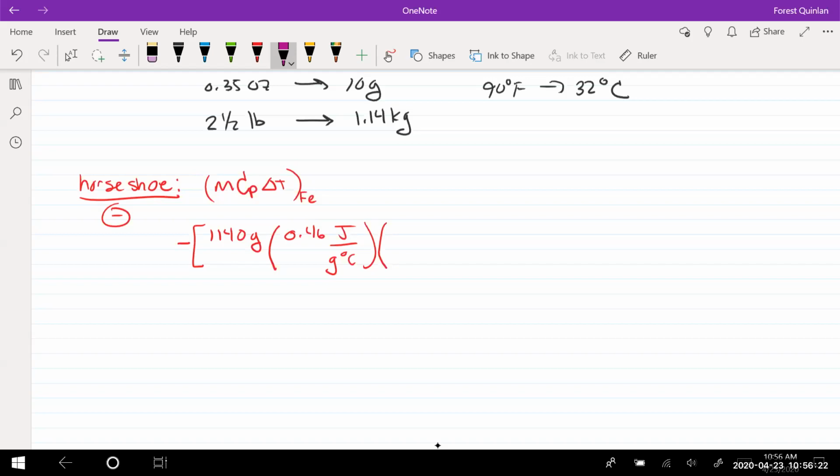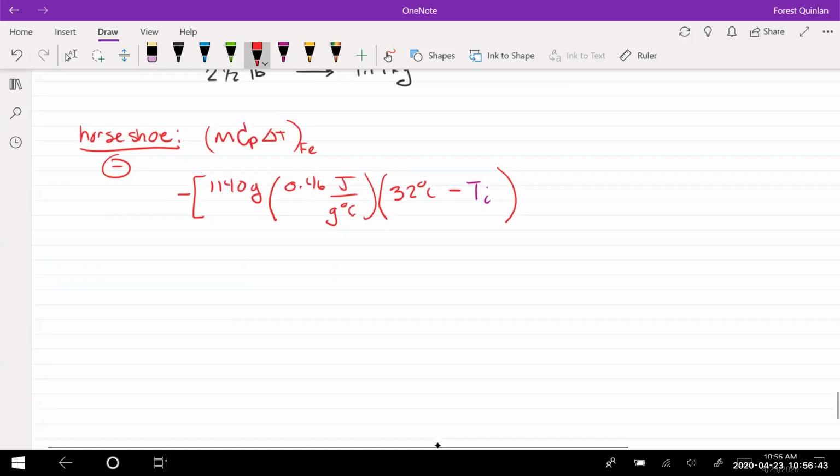That's the whole point. If we don't make that assumption, we can't finish the problem. So we have now the 32 degrees Celsius minus the initial temperature. That's what we were starting to look for anyway.